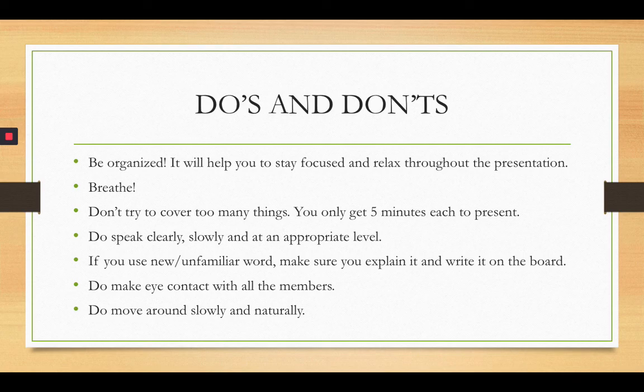Okay. Next one, don't try to cover too many things. You only get 5 minutes each to present. Yeah, 4 to 5 minutes each to present. Don't cover everything about that topic. You have to be selective. Whether you want to talk about causes, effects, or recommendations.